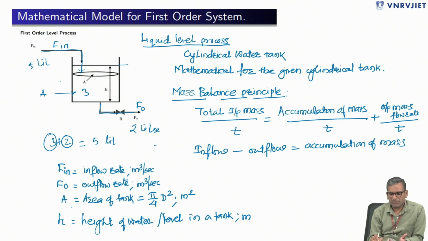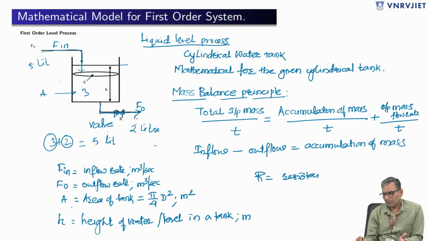Through a pipe water is going out from the tank having a flow rate F naught. This water is passing through a wall. So let's say this is a wall, and let's say R is the resistance to the flow, right?